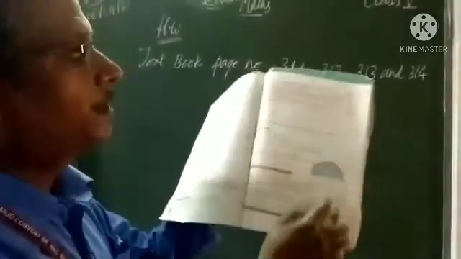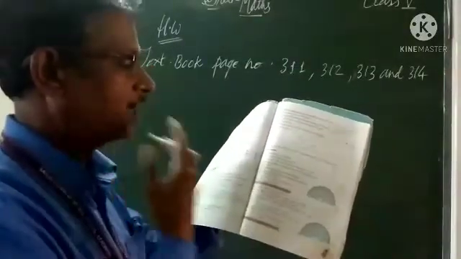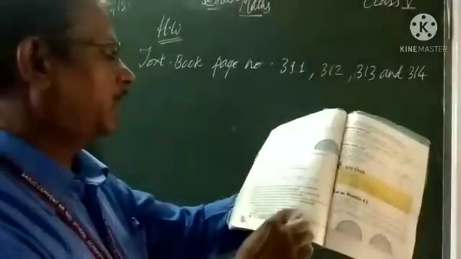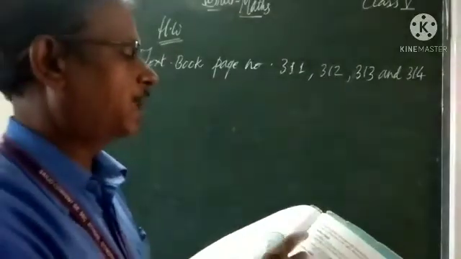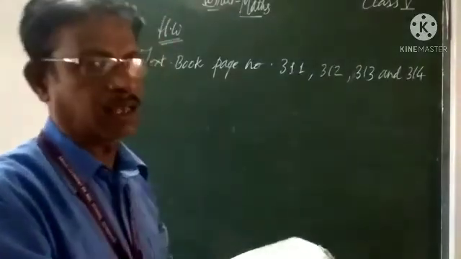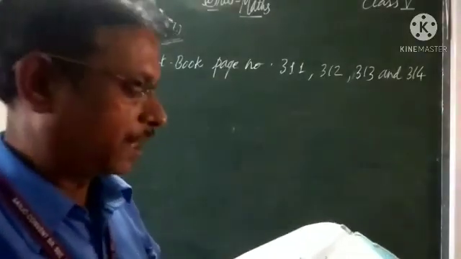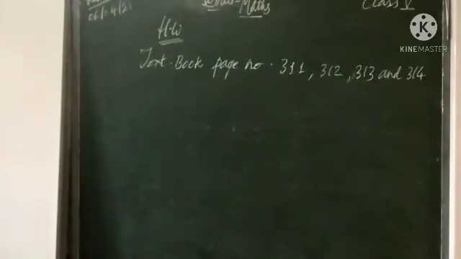In place of this protector, if you want to draw, then you can draw, or otherwise draw at least the angle. And page number 314, everything you have to write that one. Understood? Tomorrow we will study how to draw a reflex angle and how to measure it, if a reflex angle diagram is given, how to measure that one also. Okay. So note down this homework.